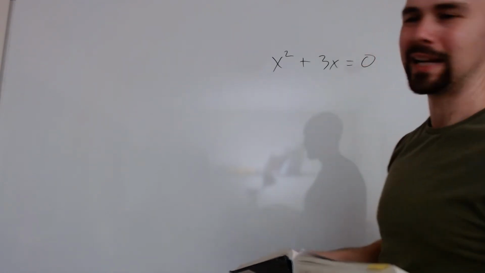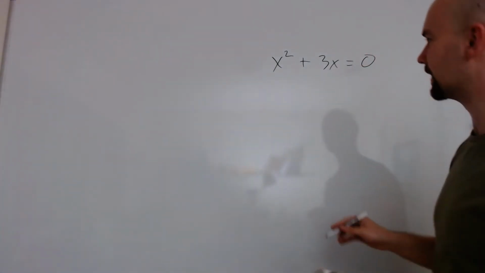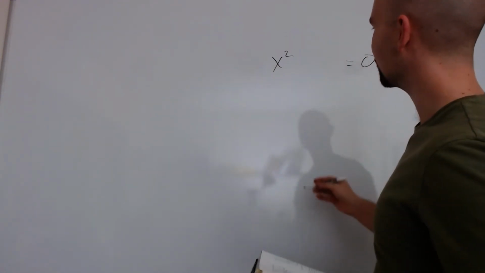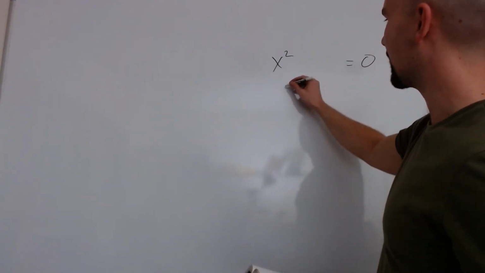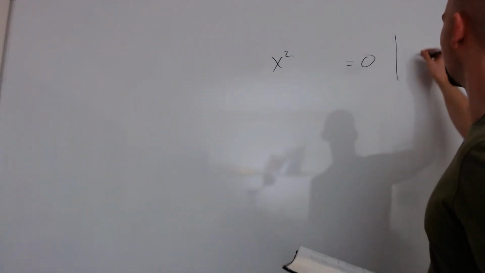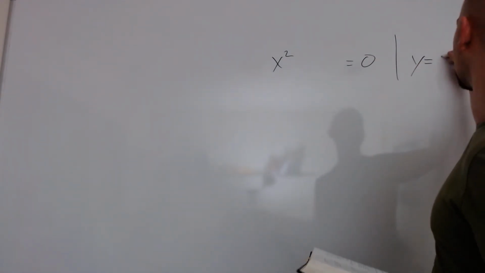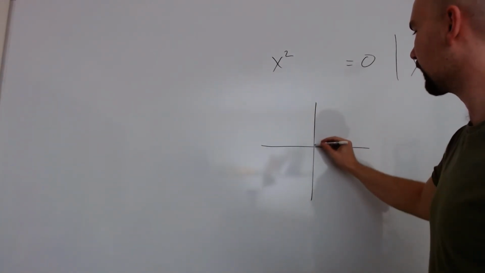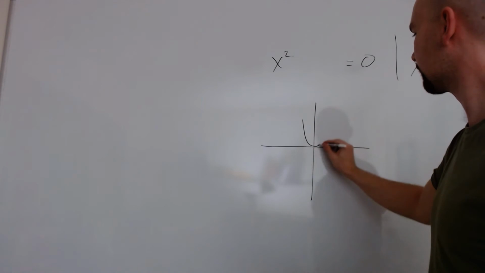Here's a fun fact that I haven't encountered in the book yet, and I doubt that they're going to tell you this. Let's just do x squared equals 0. When graphing this, you would translate that into y equals x squared and graph that. And the graph of that we've done before is going to be roughly like this.